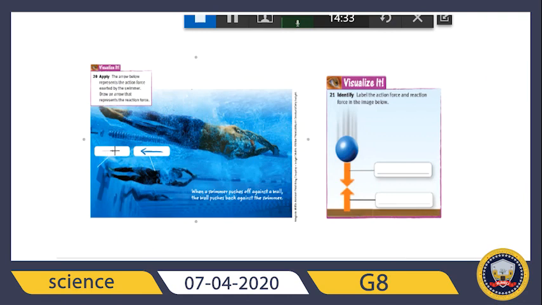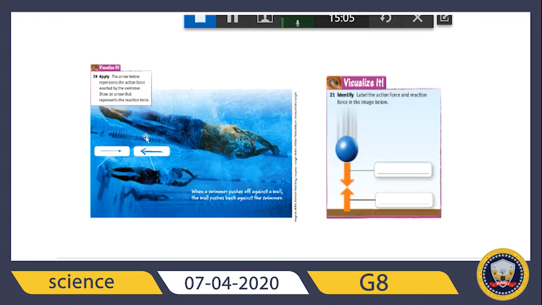As we say, the force will be equal, so the length of the arrow should be the same. Okay, to indicate equal forces, we need to have similar sizes of these arrows. Okay, so here we have equal forces, but the force right here that is exerted by the wall against the swimmer will be in the opposite direction.